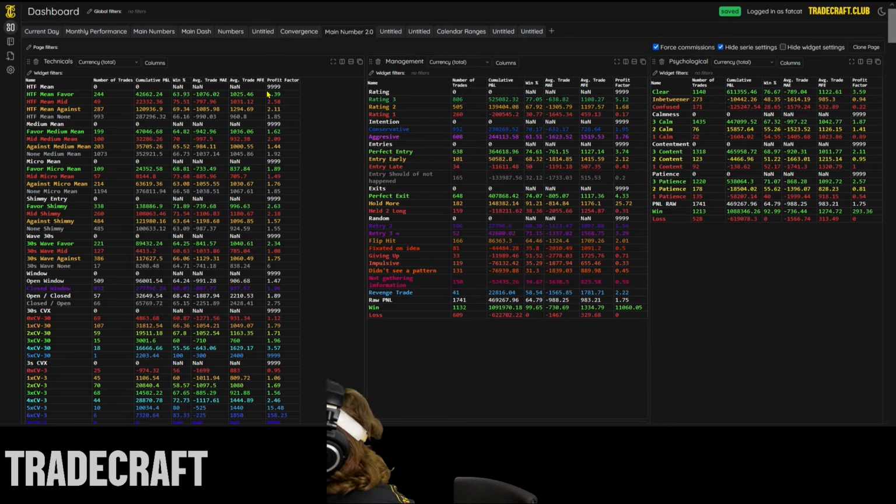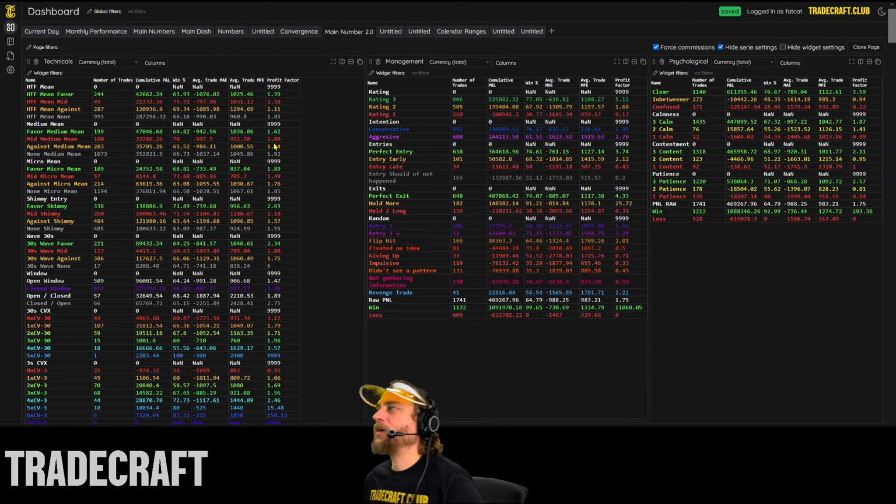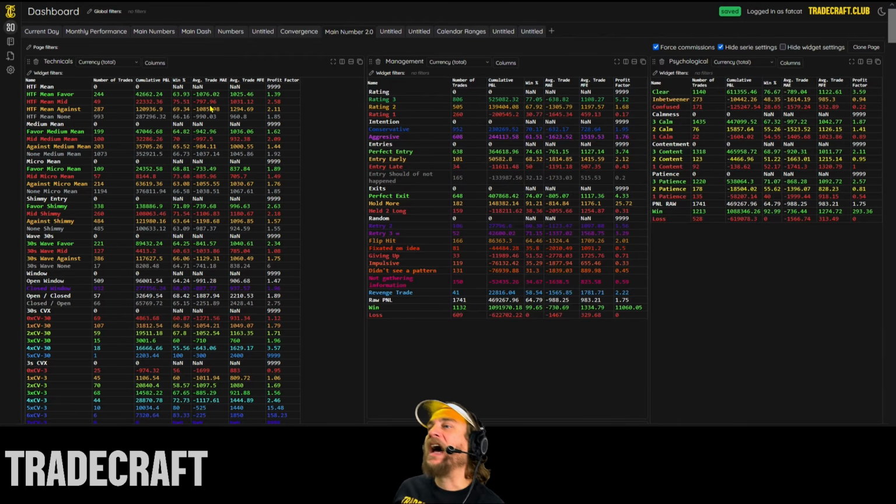So that's the highest of its grouping. And on the medium ranges, we have a 2.09. So there's something going on where I just seem to perform better in the middle of the range. But they're also both the smallest sample size. However, if you look at the average trade MAE, which is very important for me, I lose the least amount of money of unrealized loss on this setup.